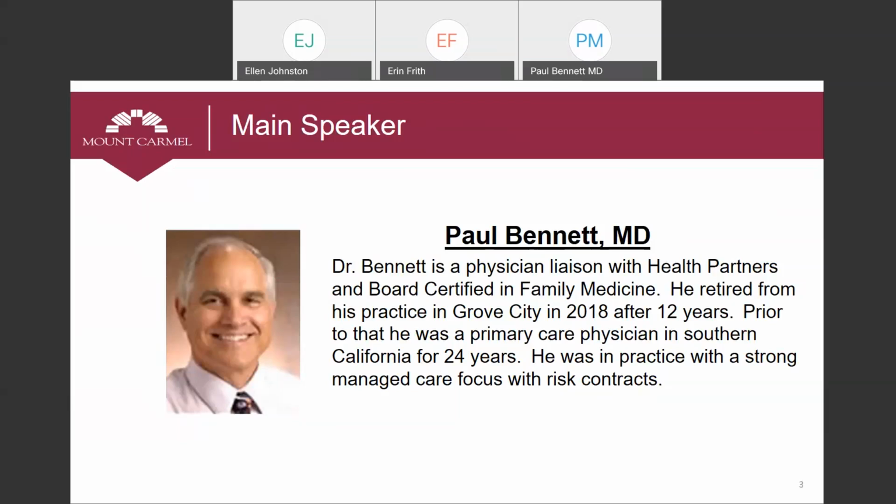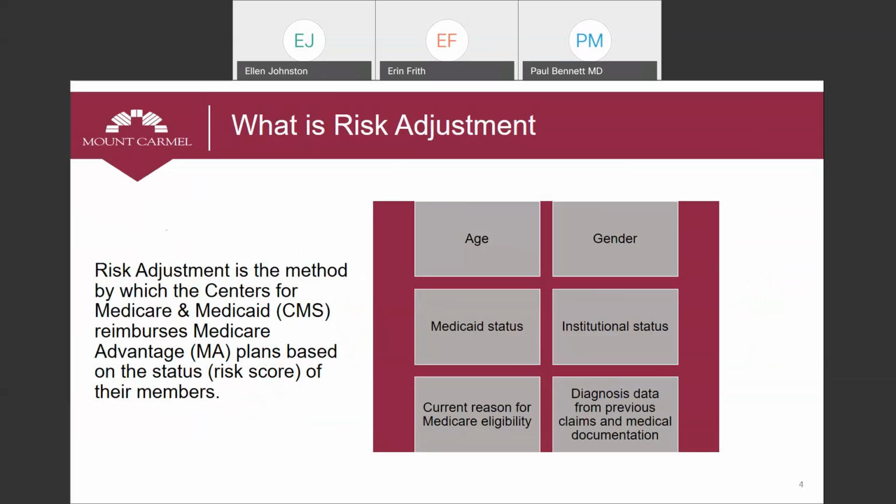Before we start discussing today's topic, let's review some of the risk adjustment essentials. Feel free to fast forward the video presentation if you feel competent in your basic risk adjustment knowledge. Risk adjustment is the methodology by which CMS determines how to adequately allocate resources to Medicare Advantage plans for patient care.